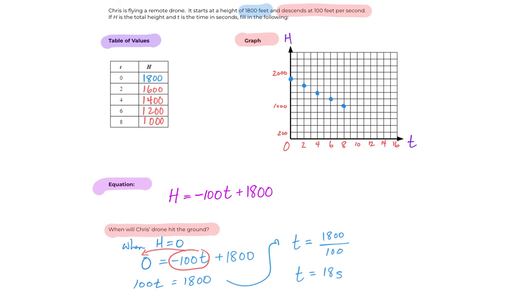We can see in our first differences that we went down 200, up 2 seconds. So I get confirmation that my slope is negative 200 over 2, negative 100. I have a consistent slope everywhere.